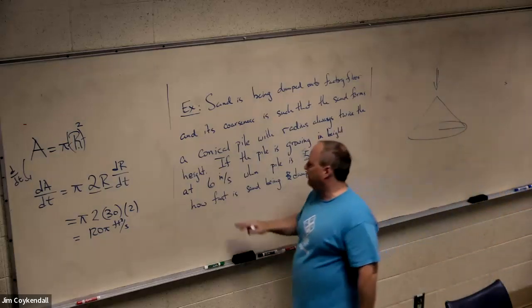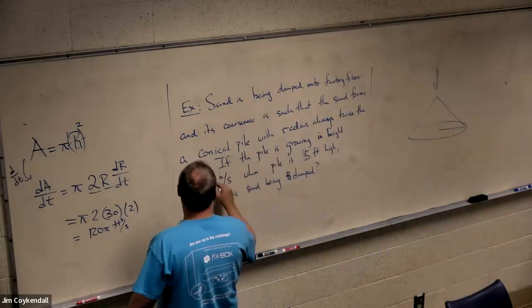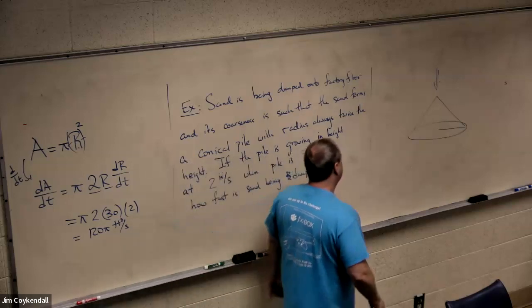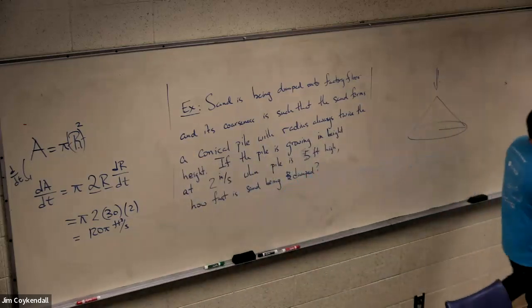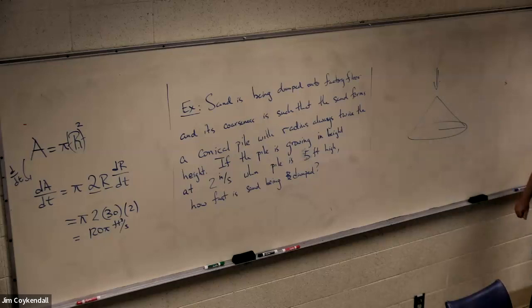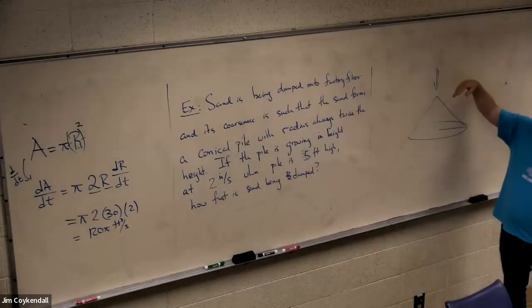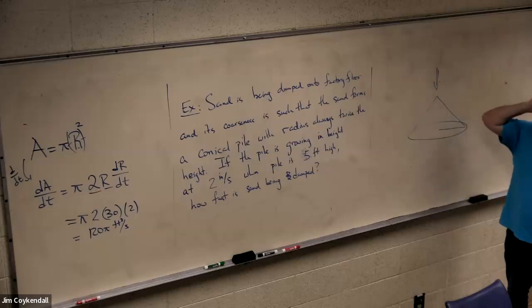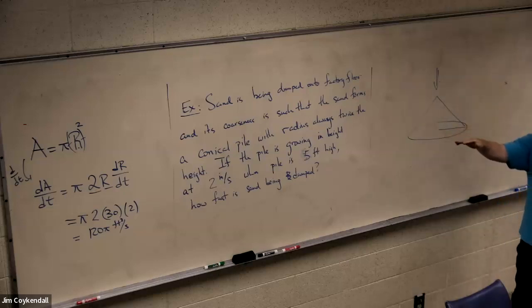Actually, let me change it. That sounds excessive. Let's say 2 inches per second. How fast is the sand being dumped? You can figure out the constant volume of sand being dumped on the pile just from making that observation. That's kind of cool, right?